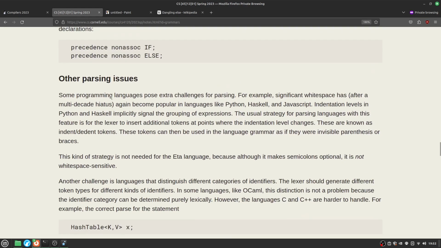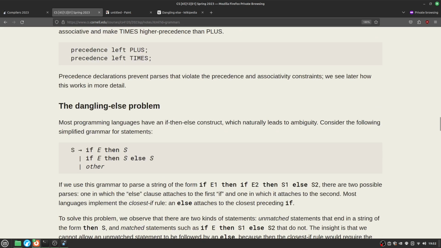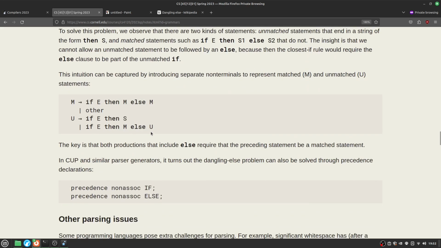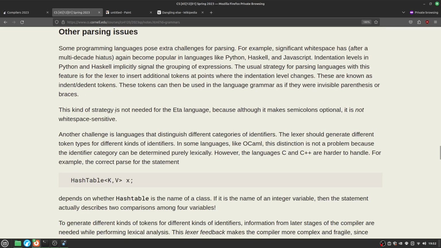All right. Other parsing issues. Some programming languages pose extra challenges for parsing. For example, significant white space has, after a multi-decade hiatus, again become popular in languages like Python, Haskell, and JavaScript.